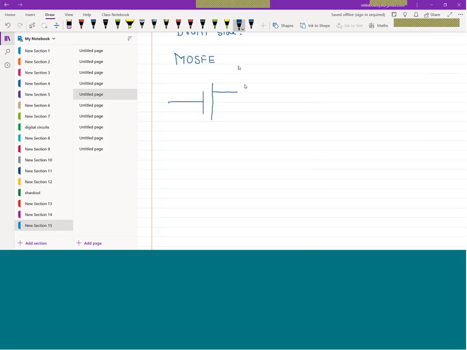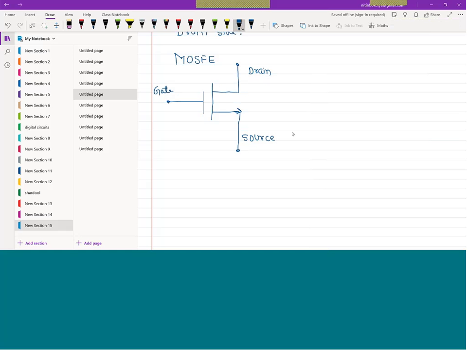So you can say this terminal is known as gate, this terminal is known as drain, and this terminal is known as source. So 3 terminals in the transistor.